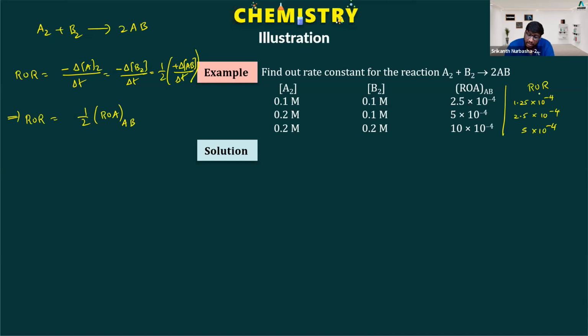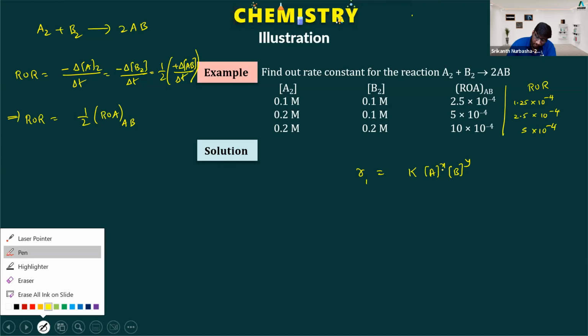Now you look at the rate of reaction, which is changing even though you change the concentration of A2 or the concentration of B2. So I have to write the expression R is equal to K into concentration of A power X into concentration of B power Y. This is R1, you can say.